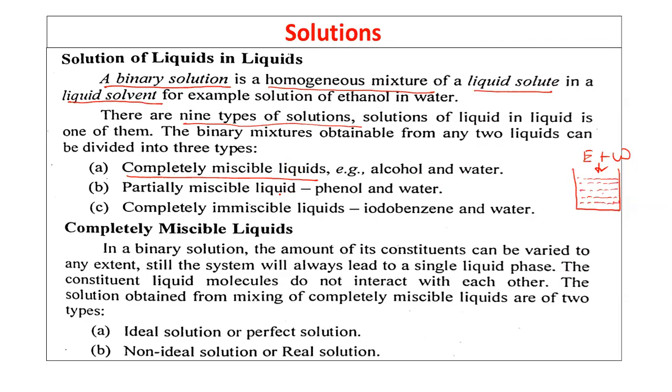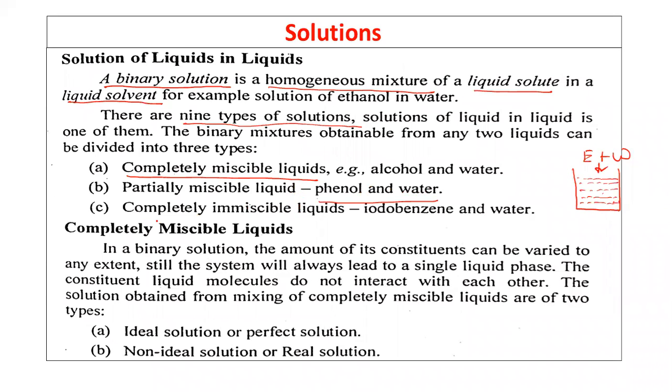Second, partially miscible liquids. Example, phenol in water. Some phenol is mixed with water, but 2 layers can be seen. It is not homogeneous. So this is partially miscible liquids.